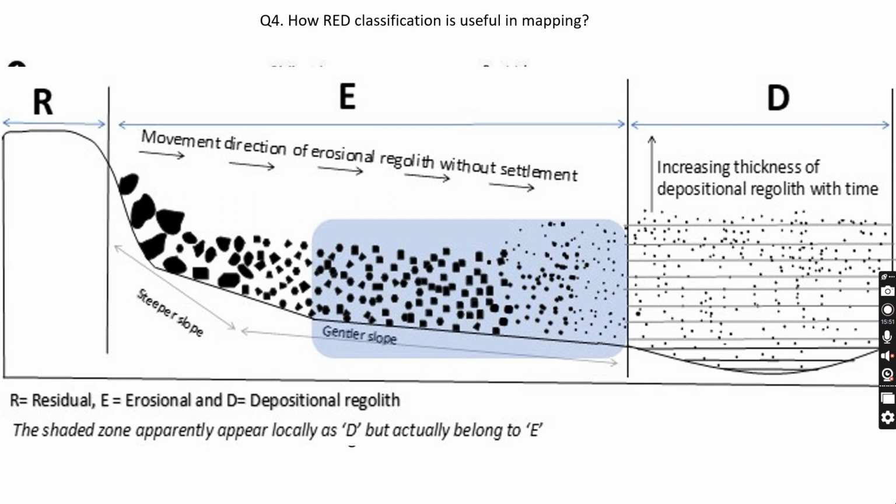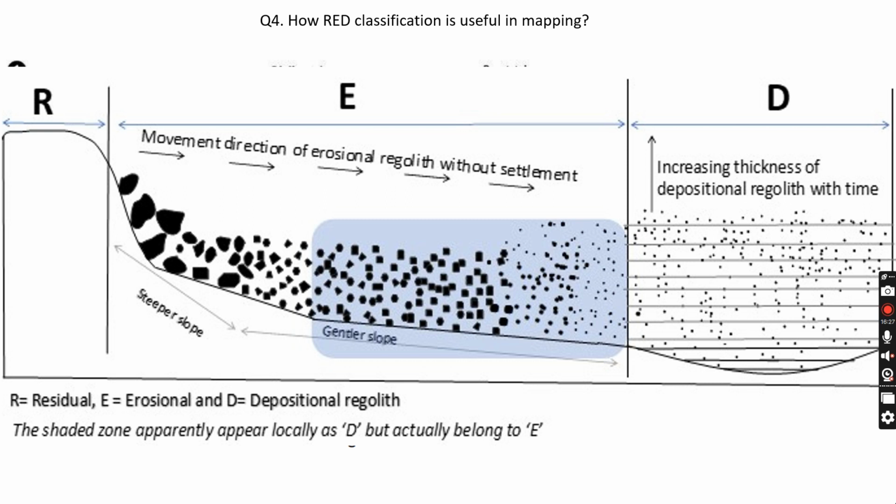However, if we see properly any toposheet or digital map, you can understand how important it is. Because sometimes when a slightly gentle slope is there, if you restrict yourself within your area, you have to go beyond your area and see whether your area falls under the lowest flat area or it is lying at relatively higher elevation.